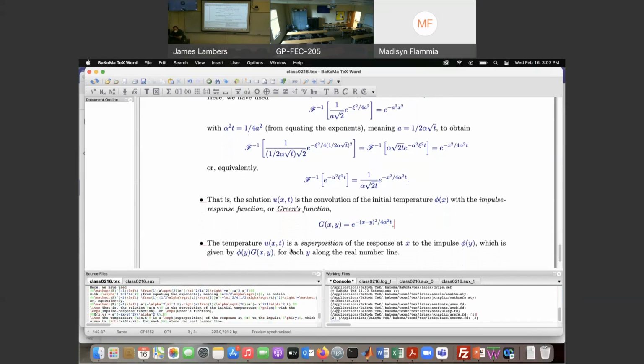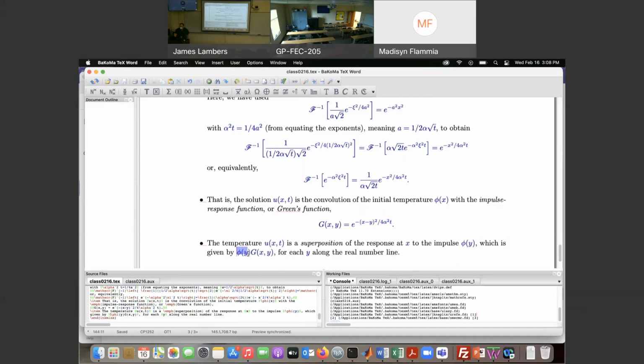To figure out the temperature at any point along the real number line at any particular time, you can think of it as taking, for each other point y along the real number line, determining the response at x to the impulse at y. The Green's function tells you what that response will be. So you think of the Green's function as mapping an impulse to a response, and the collection of all those responses is your solution at that point.